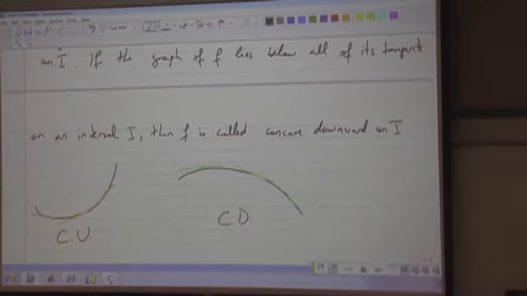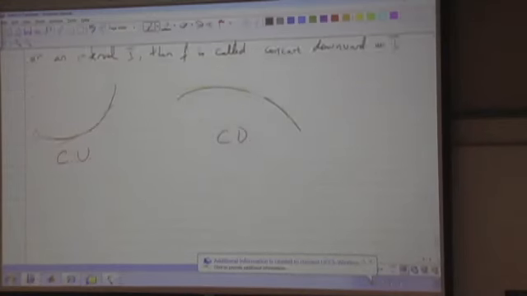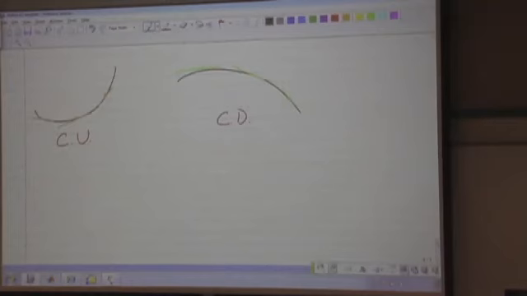Okay? Is this making sense? Okay. As I said, the actual definition might not make a whole lot of sense, but the description should be very simple.